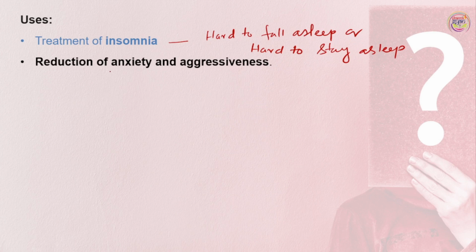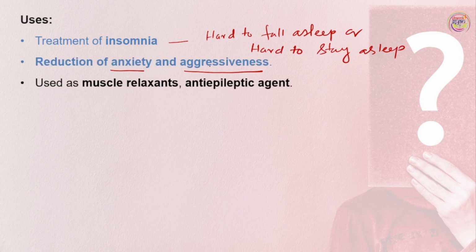They are also useful to reduce the anxiety and aggressiveness. They are also used as a muscle relaxant. Since they depress the CNS, they also act as a centrally acting muscle relaxant.